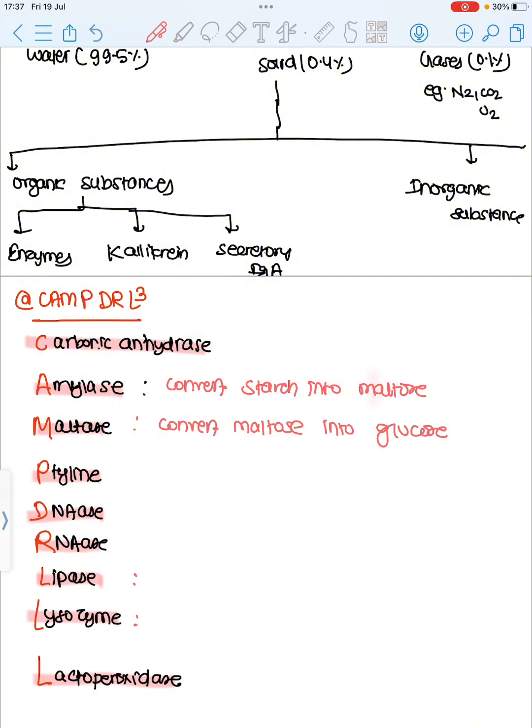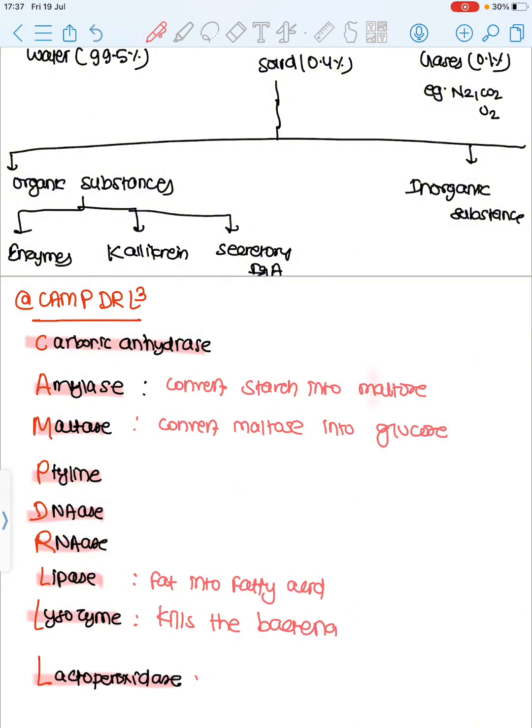Lipase converts fat into fatty acid. Lysozyme kills bacteria, actually harmful bacteria.